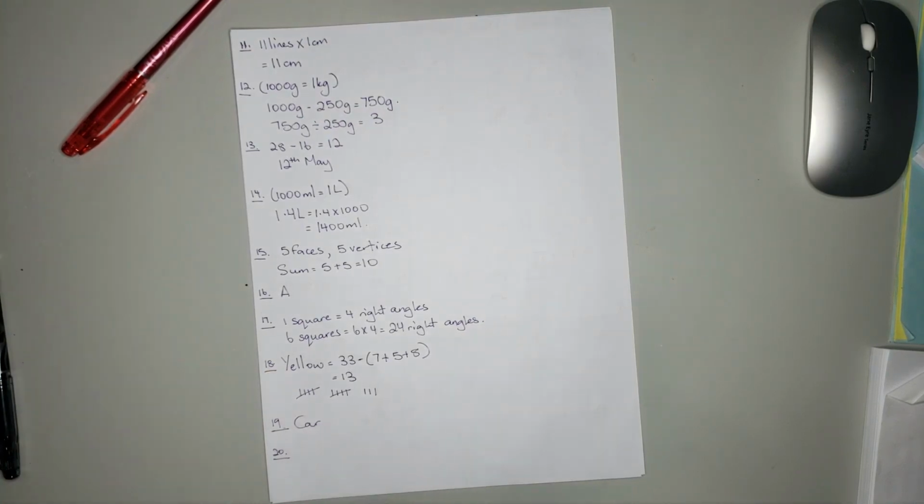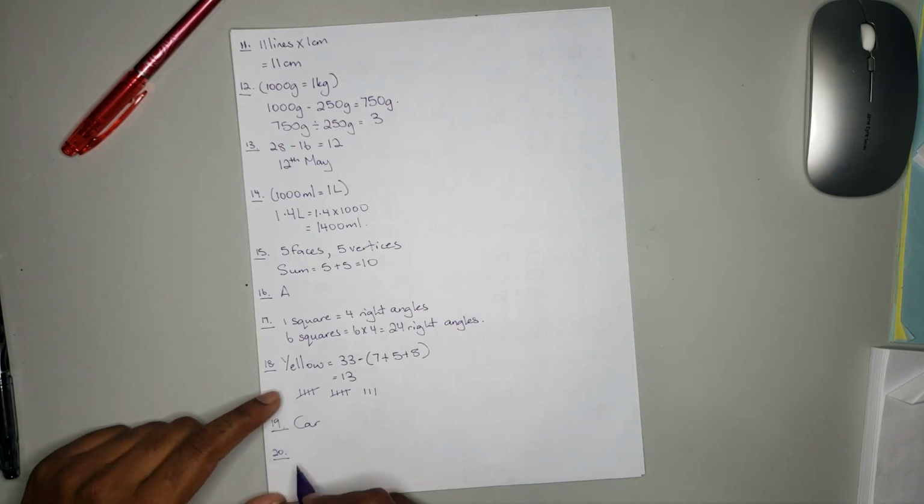Number 20. The table shows the number of drawings created by students in an art class. So we have the students and we have the number of drawings. Which student created the mean number of drawings? Good. So we don't know what the mean amount is, but we could calculate it.